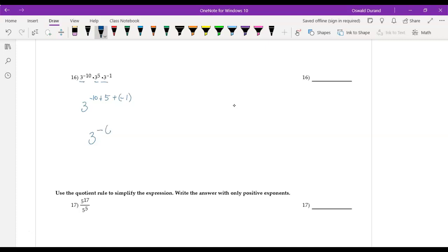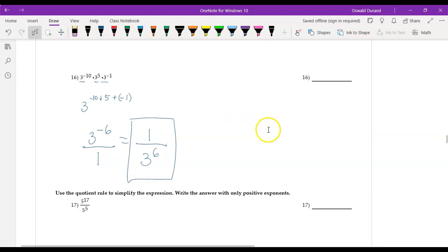So 3 to the power of negative 6. But they want the answer as a positive exponent. This is negative, so we view this as 3 to the power of negative 6 over 1. Make this a denominator. It becomes 1 over 3 to the power of 6. Okay? All right, so that was the product rule.